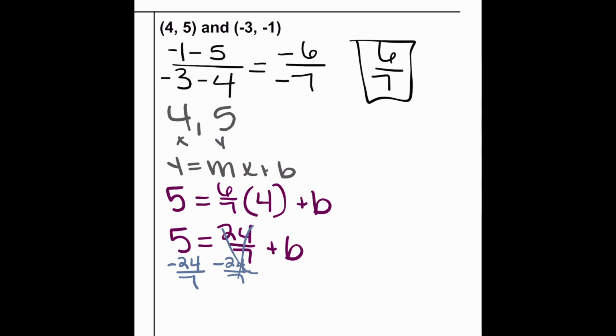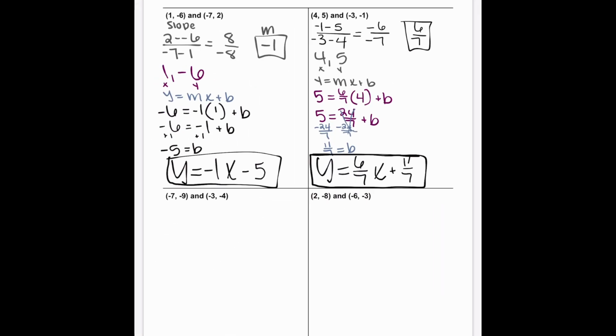And you should get 11/7. So your final answer is y equals 6 over 7x plus 11 over 7. Okay, the last two, I want you to do it on your own and then come back and check and make sure you are correct.